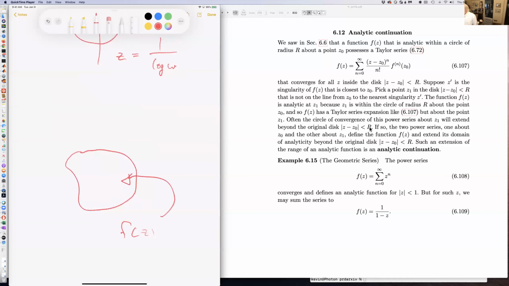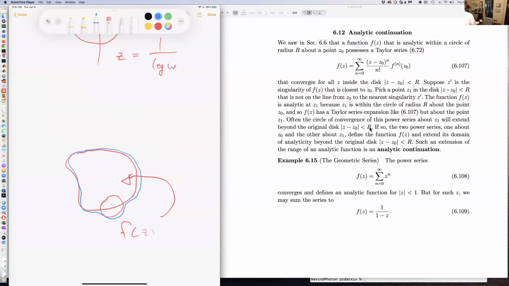And what's often true then is that suppose we form a power series around this point. Well, it often turns out that that power series will converge in a larger region. And so then we have a definition of the function now that's in this bigger region.